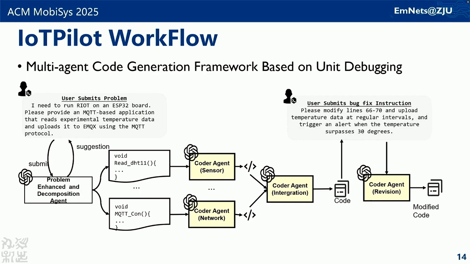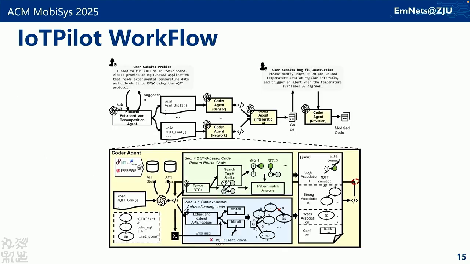Finally, to enhance IoTPilot's capability for generating complex IoT programs, we introduce a multi-agent code generation framework based on self-debugging for a user problem. IoTPilot first decomposes the complex task into multiple sub-programs, then performs self-debugging on each sub-program individually, and finally integrates the code generated for each sub-program.